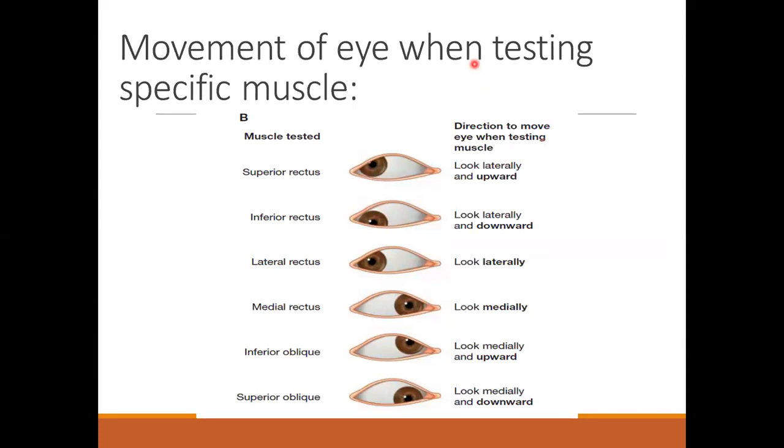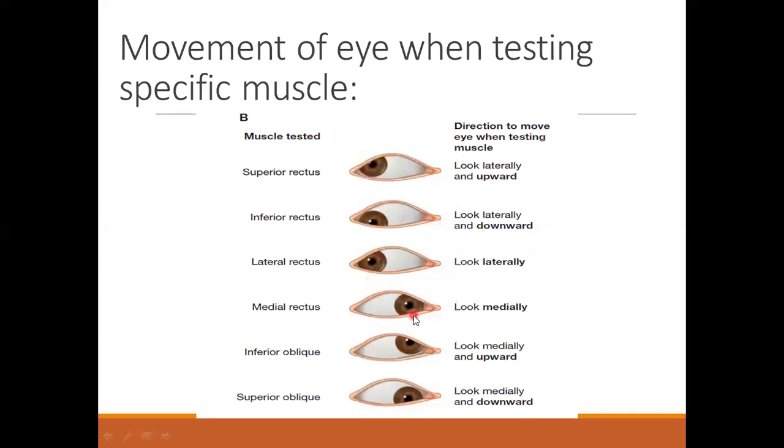So these are the movements of the eye when testing specific muscles. For the superior rectus, the patient will look laterally and upward. Then for the inferior rectus, look laterally and downward. Then the lateral rectus, look laterally.